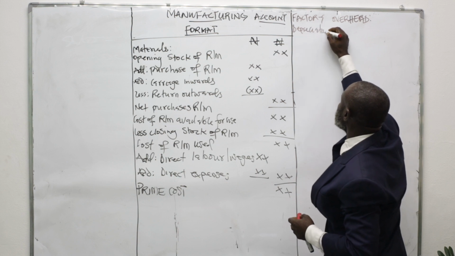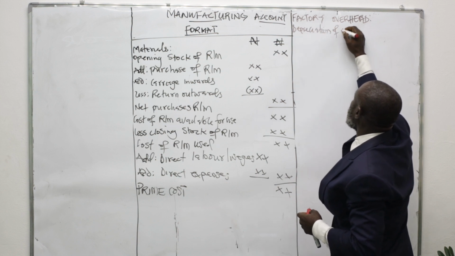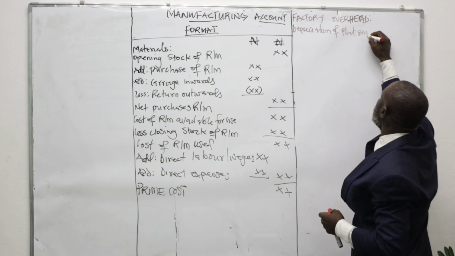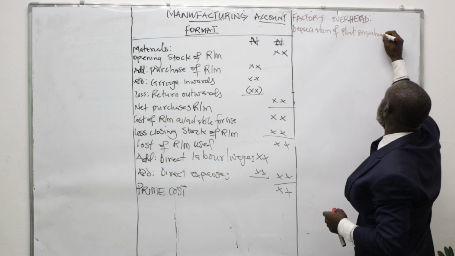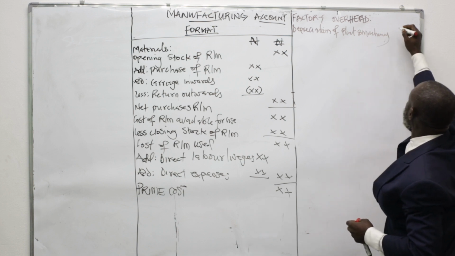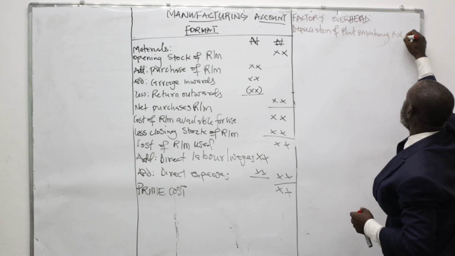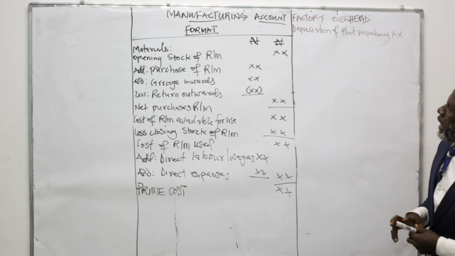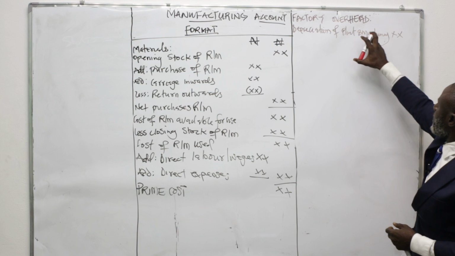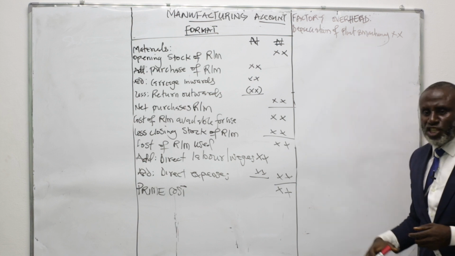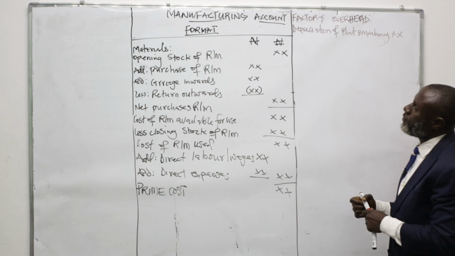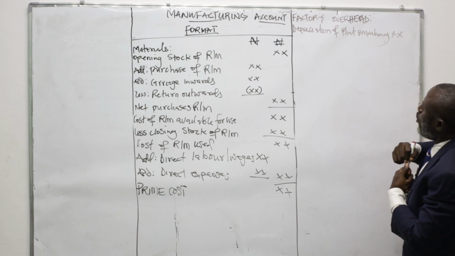depreciation on plant and machinery. Of course, because plant and machinery are used in the factory, their depreciation cost will be treated in determining the cost of production.